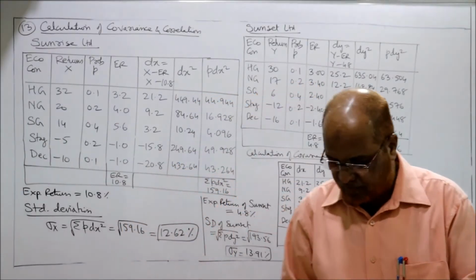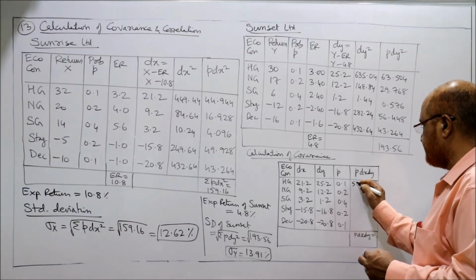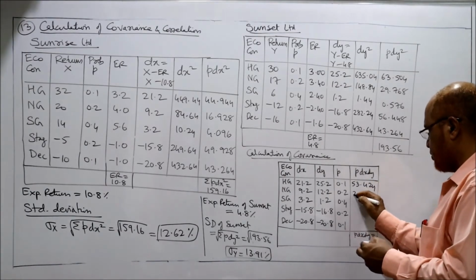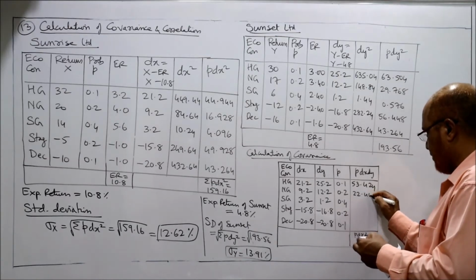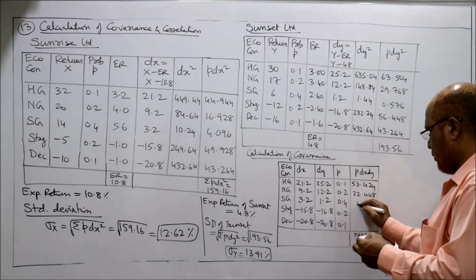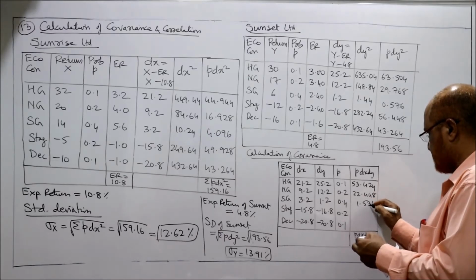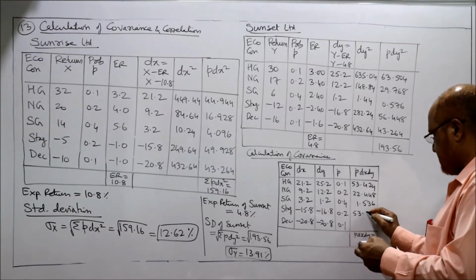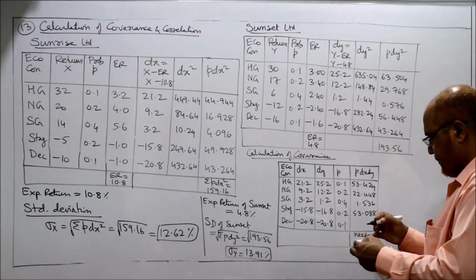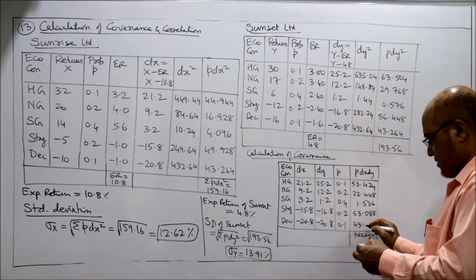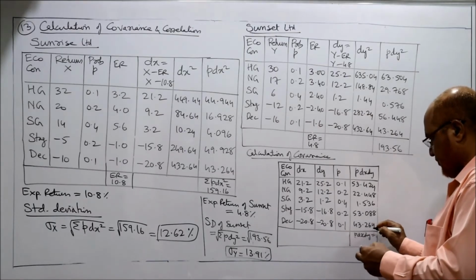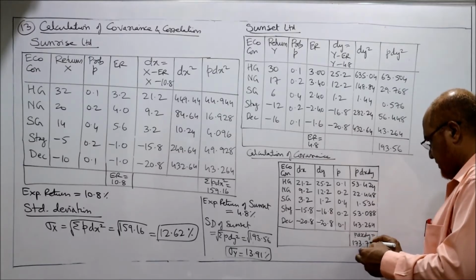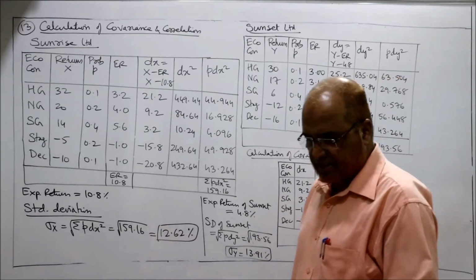You are going to get 53.424, then 22.448, 1.536, 53.088, 43.264, total 173.76. That's it.